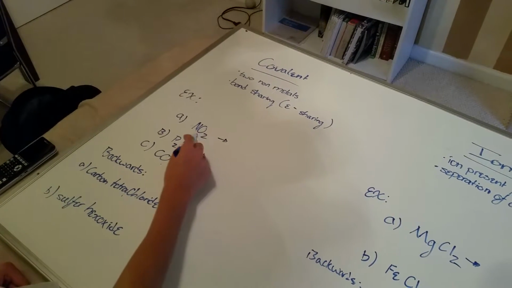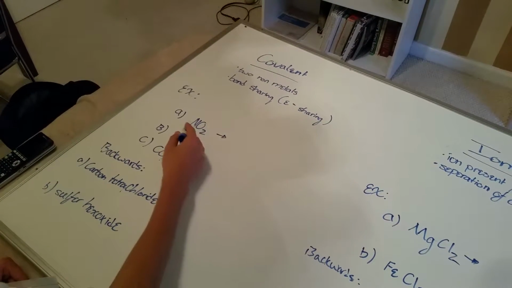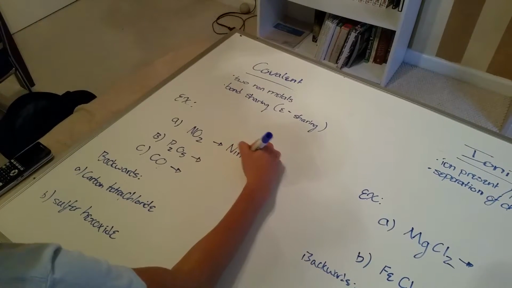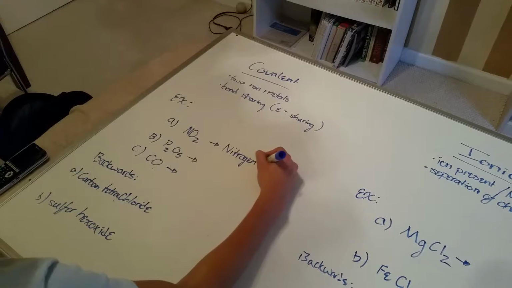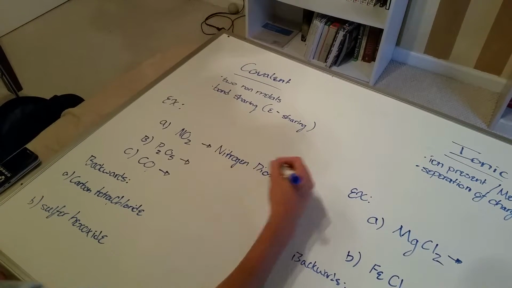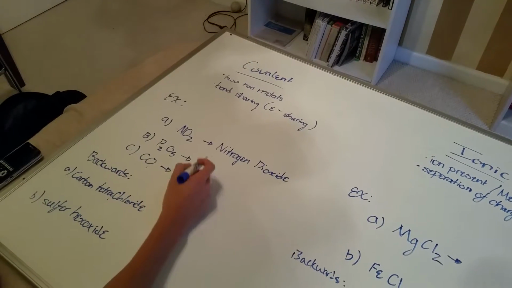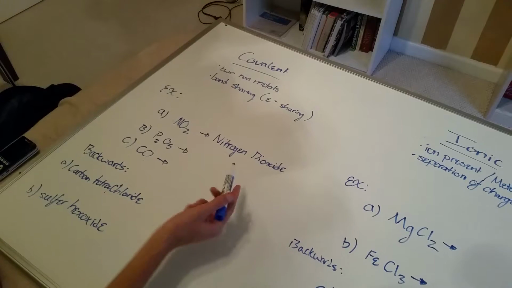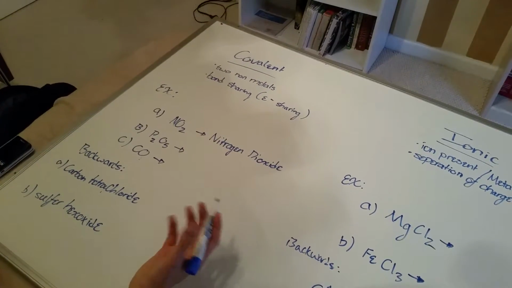So if you want to write these out, this would be nitrogen dioxide, just because you only have one nitrogen and two oxygen, and di stands for two.